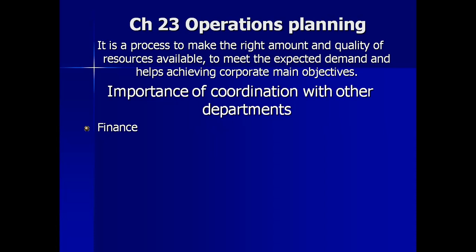You might not be able to meet the demand of the customers, in this case retail shops, because you supply to retail shops. The retail shops might like to buy from other businesses because you are not meeting their expectations or the deadline. That is because you do not have funds and you did not coordinate with the finance department earlier. That is why it is very, very crucial to coordinate with the finance department.